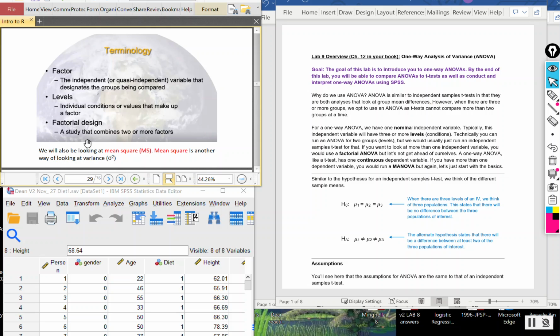It's one change element or treatment element, broken down into three levels. If we were to have two change elements broken down into levels, then that would be a factorial design. When you have two or more independent variables in your ANOVA, that is a factorial design. We're just going to glimpse into that, but what we will be doing is a one-way ANOVA, which is a lot simpler.